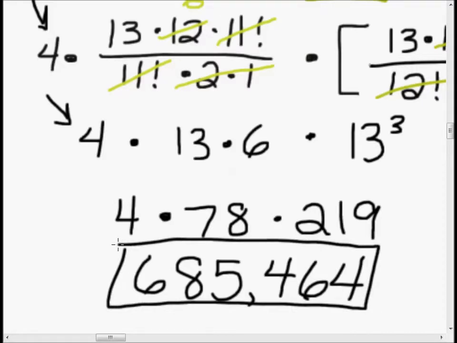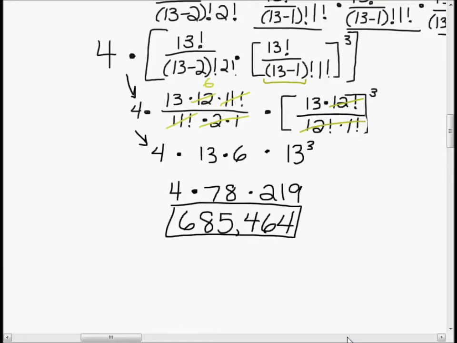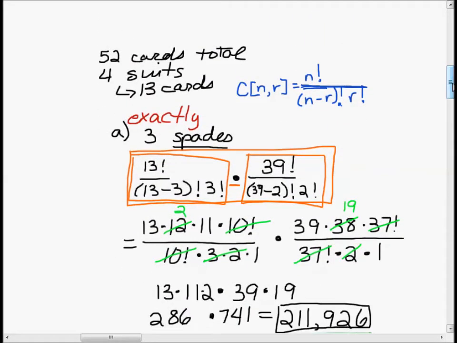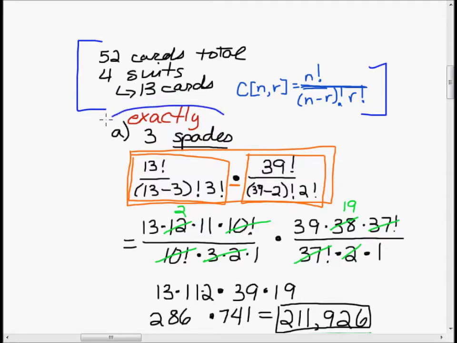So let's go ahead and zoom out and briefly talk about why and what we did here, and hopefully, that'll make some sense. So what did we do? Well, first, I'm going to go ahead and choose a nice blue. First, we wrote down what we know, and that includes the formula. Very, very handy. Write down everything you know. Then we figured out what the question was asking. It is asking how many ways could we have exactly 3 spades.